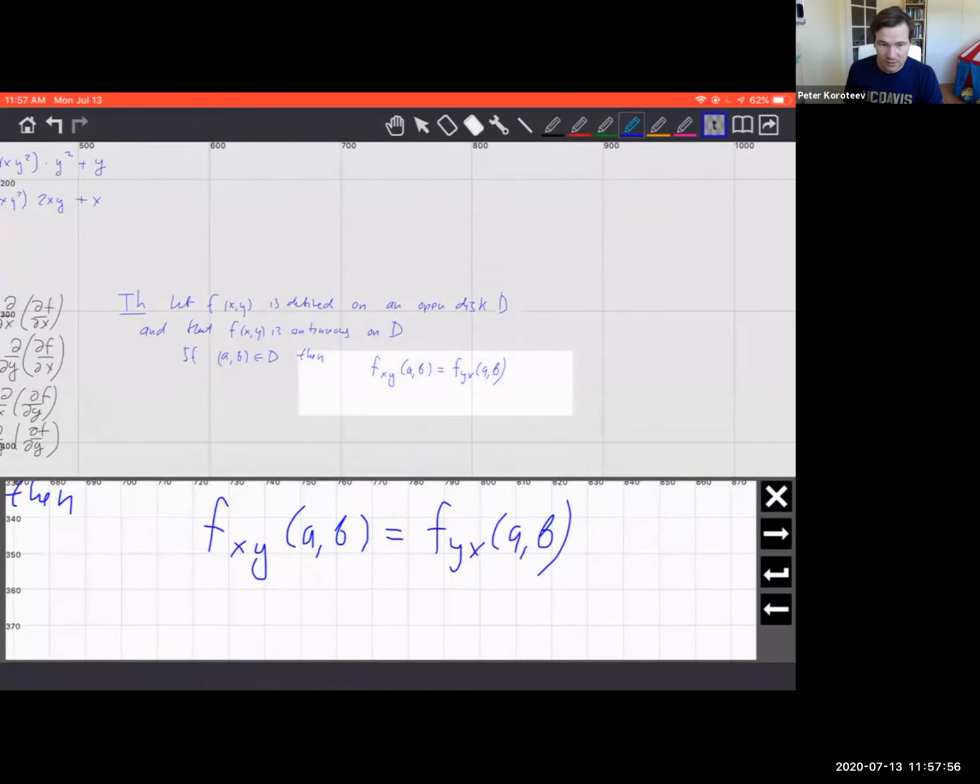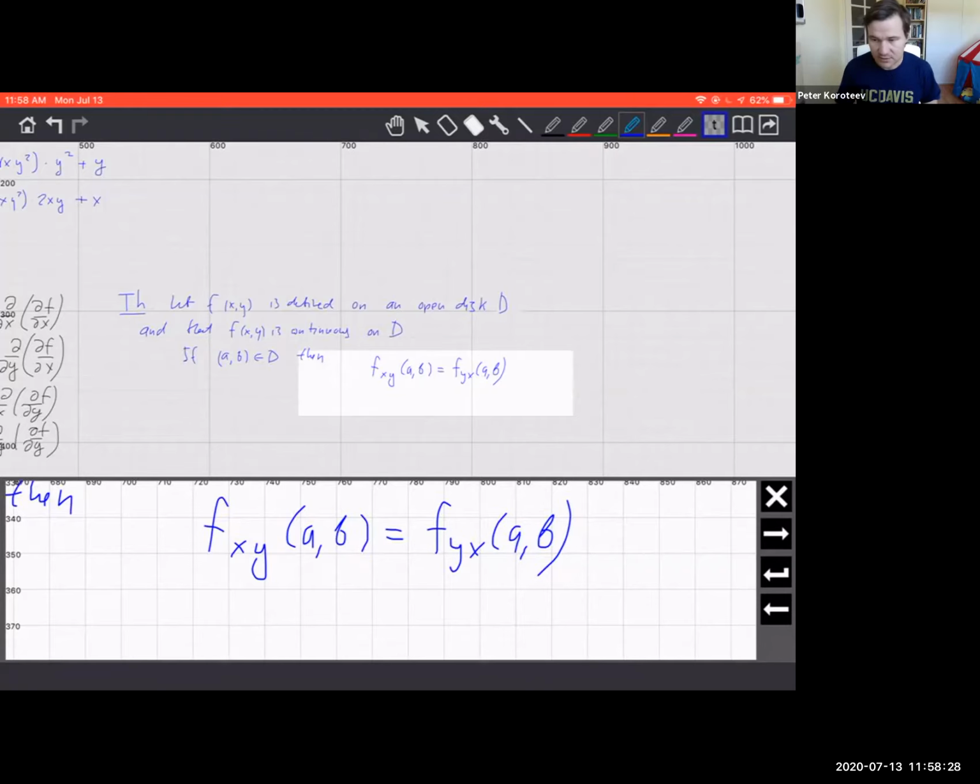Right, so yeah, if a function is continuous, then there'll be no surprises. It doesn't matter which order you take a derivative, xy or yx. And the contrapositive of the statement is that if the second derivatives are different in both directions, f_xy and f_yx, then the function is discontinuous.